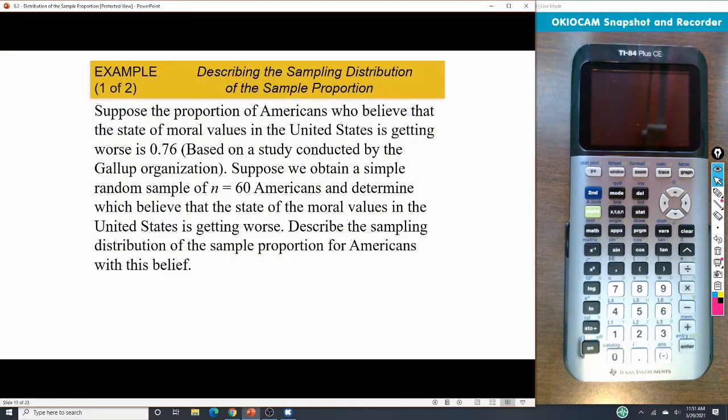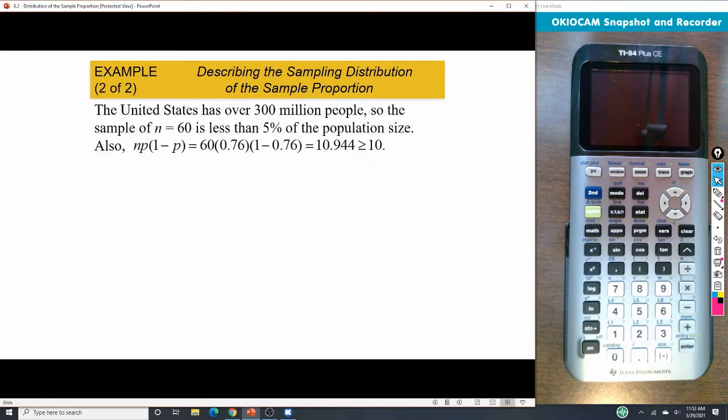Going back to the state of moral values, we want to describe the sampling distribution. First we want to check our sizes. We always want n to be less than 5% of the population size. If n is 60, we're talking about the United States, and 60 is obviously a super small amount of 300 million people, so we're well below that.